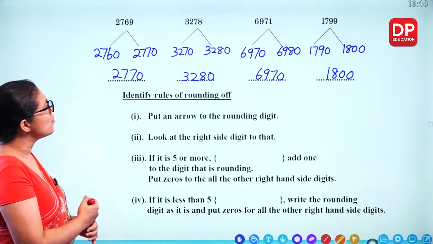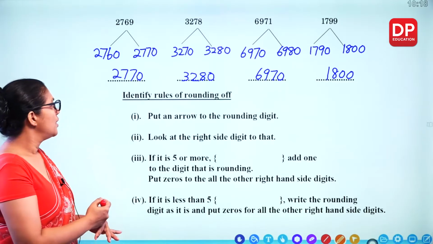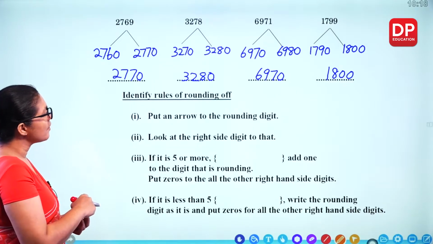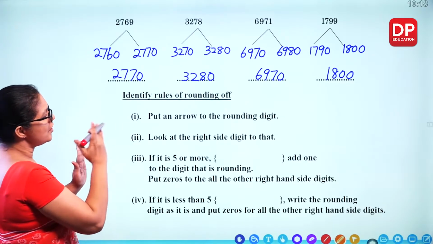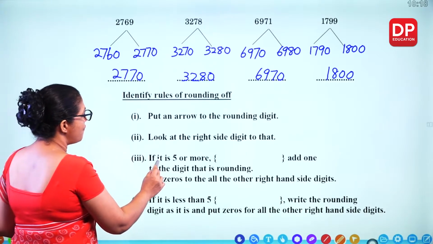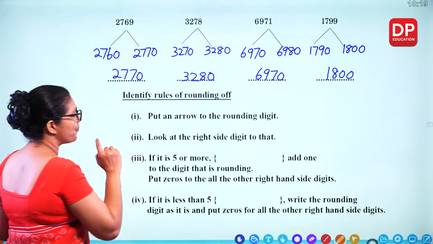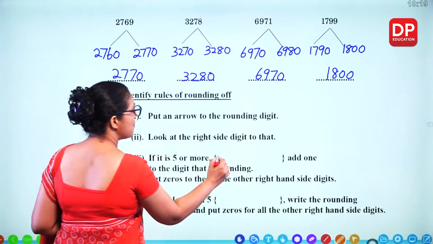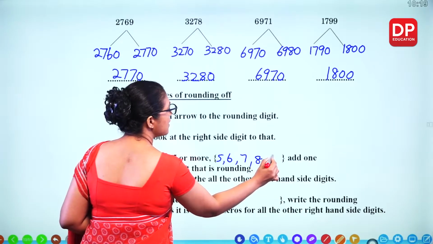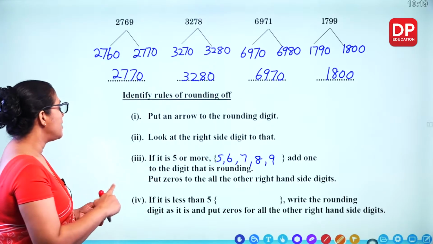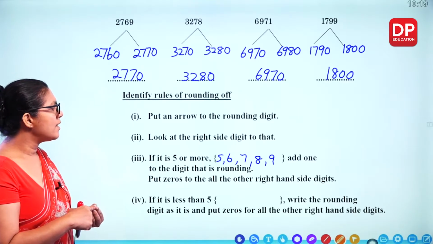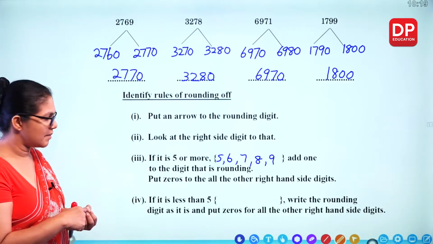So identify rules of rounding off. Put an arrow to the rounding digit. Look at the right side digit to that. If it is 5 or more, it can be 5, 6, 7, 8, 9, add 1 to the digit that is rounding. Put zeros to all the other right hand side digits.